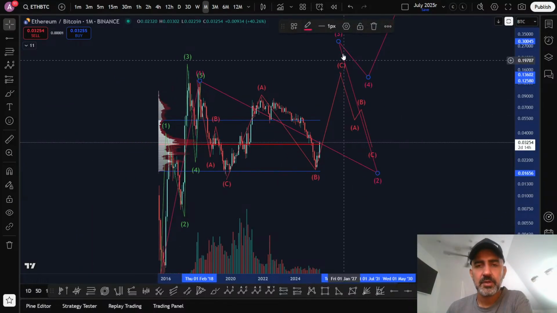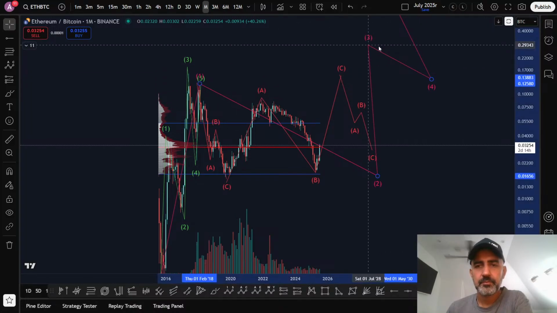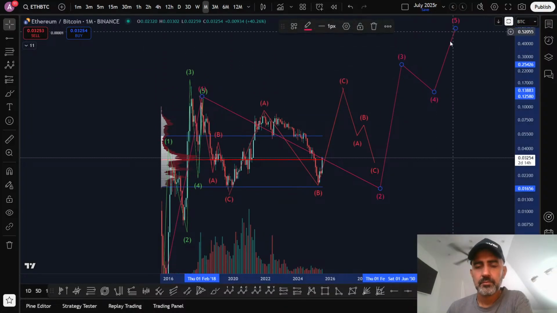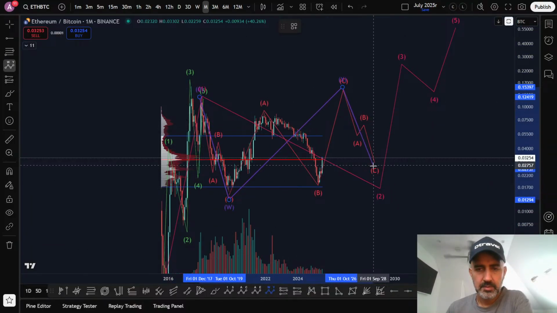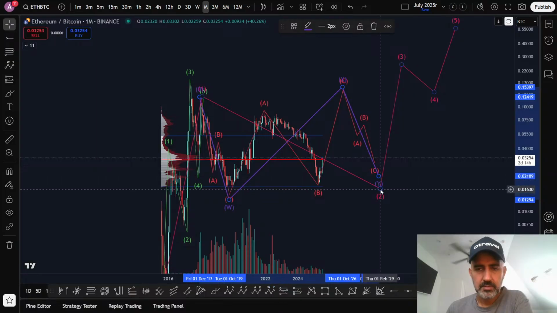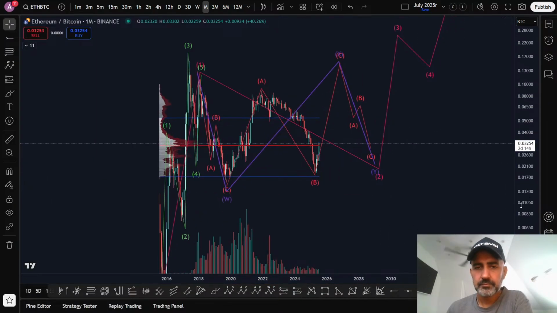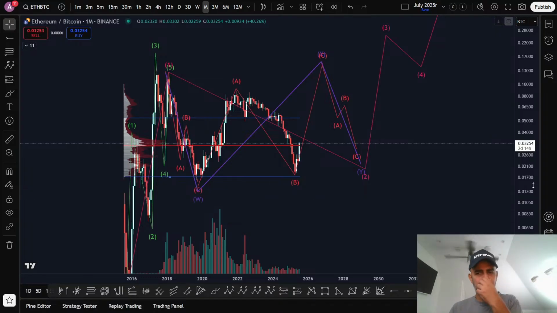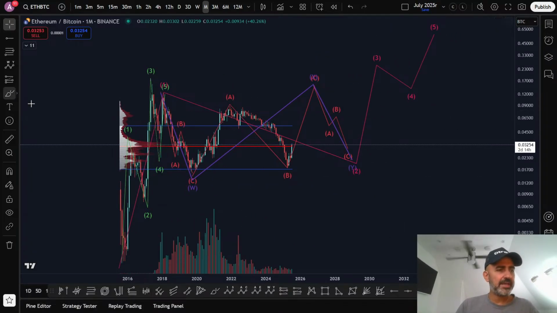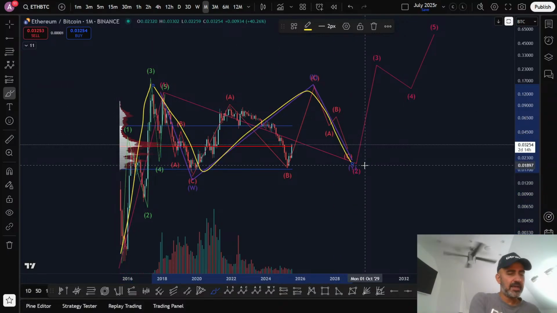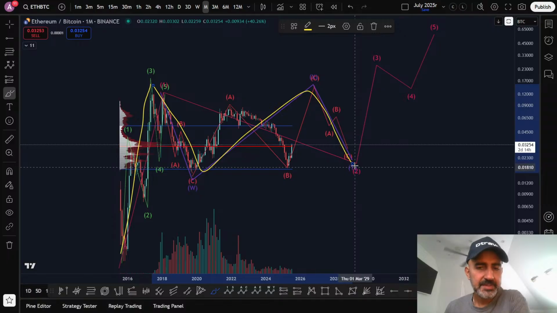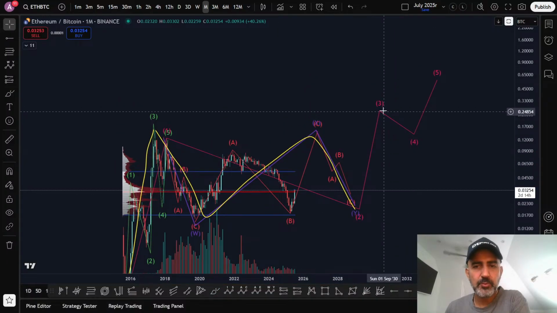And then you have your actual... That would throw everyone off, wouldn't it? If you have an initial wave 1 here for this kind of A, B, C corrective move like that, to start, your big wave 3 will start there.